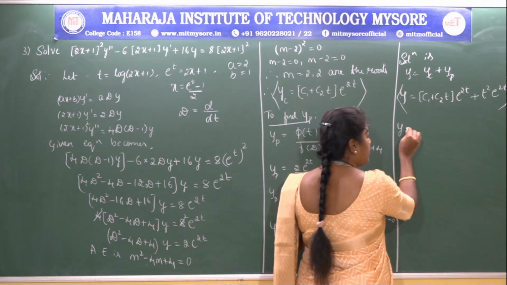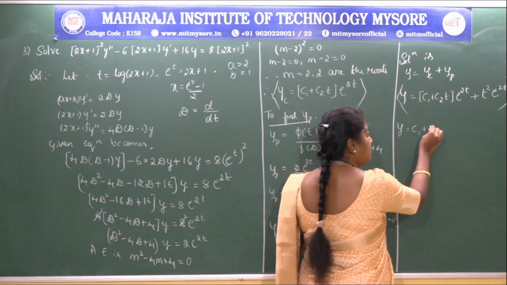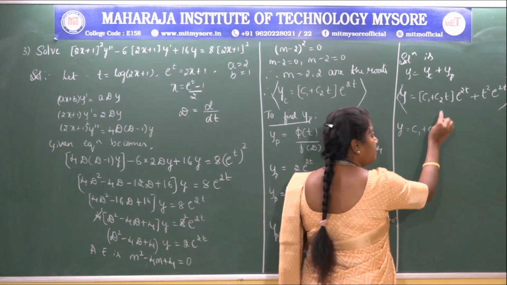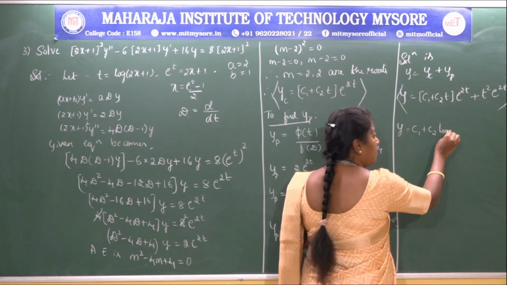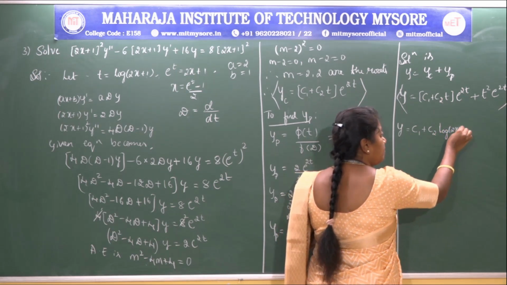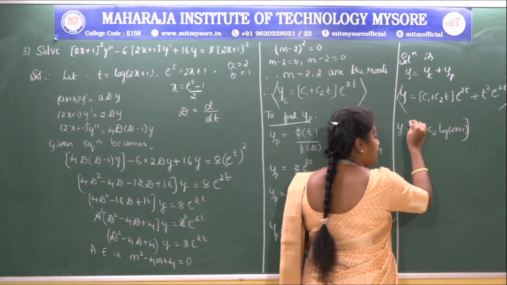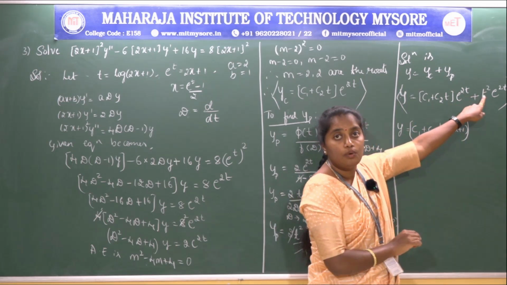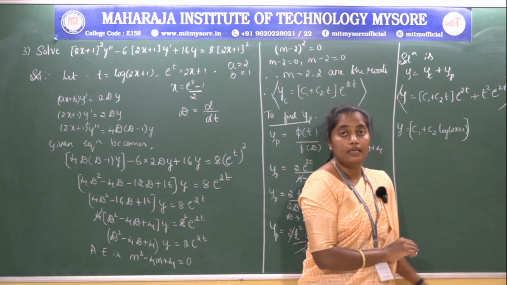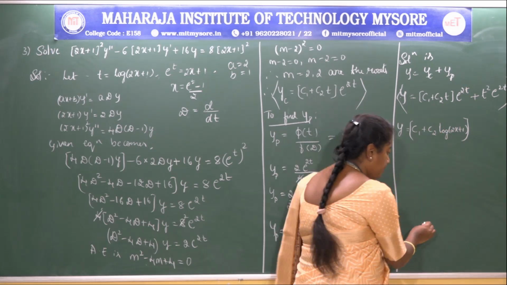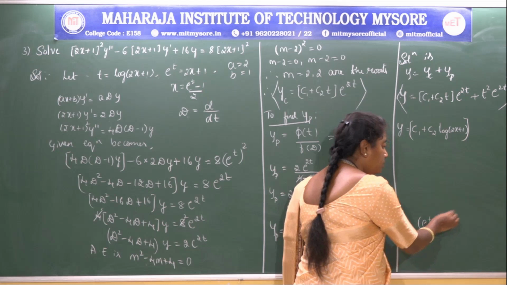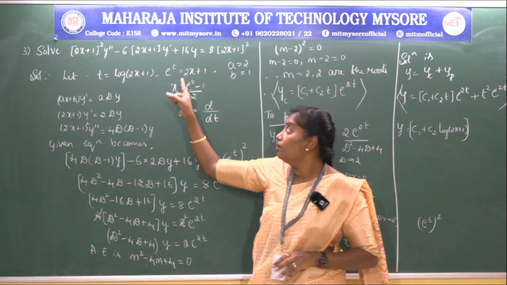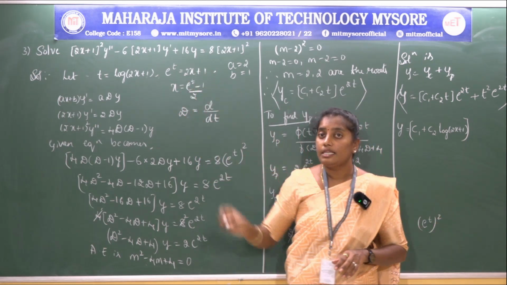Here we get y is equal to c1 plus c2 into log of 2x plus 1 into e to the power of 2t. e power of 2t can be written as e power of t whole to the power of 2, where the value of e power of t is 2x plus 1.